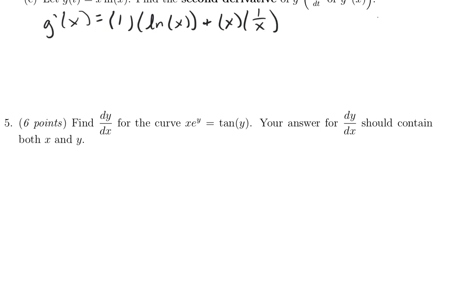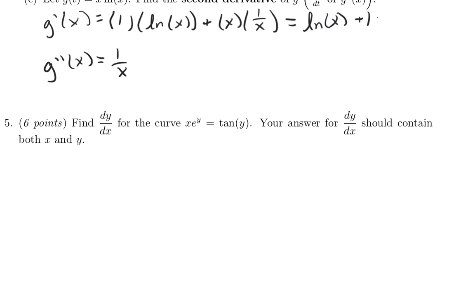Then we're going to combine these together. So we get natural log of x plus 1. So then we're going to do the second derivative, which is going to be 1 over x, and that's it, because 1 is just a constant.